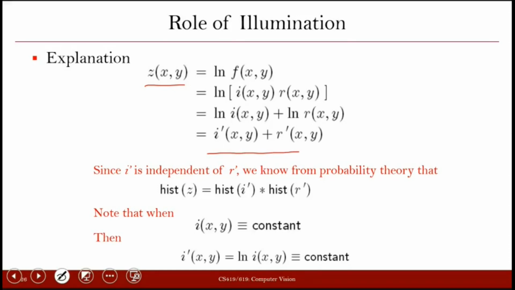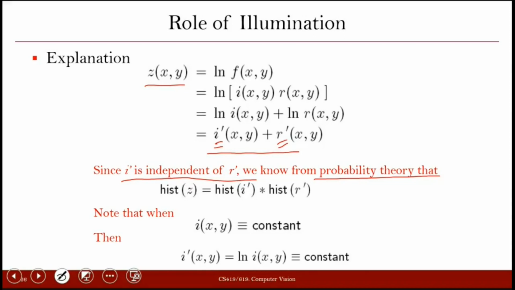We know that i' and r' are independent, because i' comes from the illumination, which is the property of the source, and r' comes from the object, which is the property of the object. So they are independent. They don't have any relationship. Since i' is independent of r', the probability theory result we just discussed can be applied here.